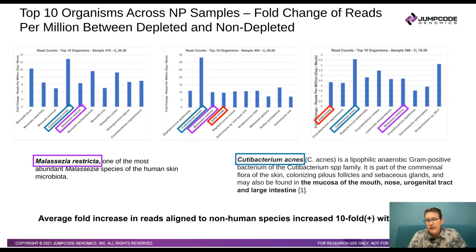But when we look at the middle CT and the low CT samples, we can see that COVID now starts to show up in those top 10 organisms. And in fact, in the middle sample, in the mock it's showing up as number 4, and when we deplete that sample, we get a 10-fold increase in reads per million going to the COVID genome.